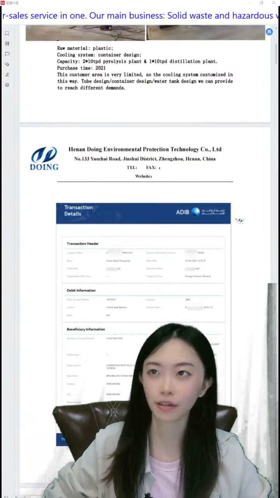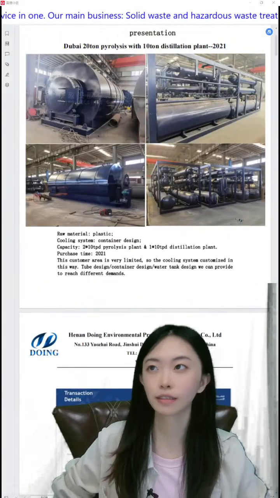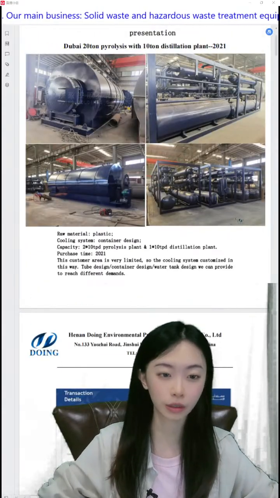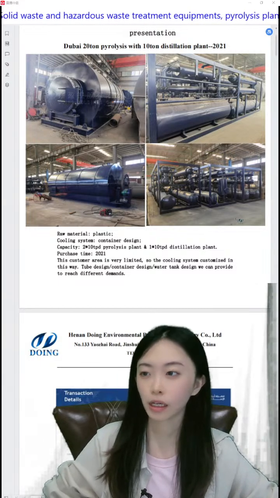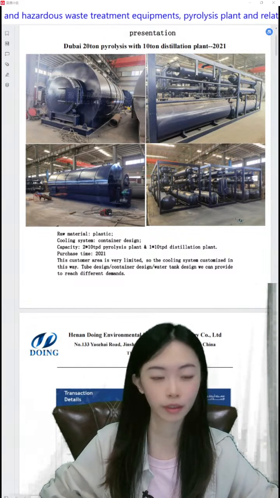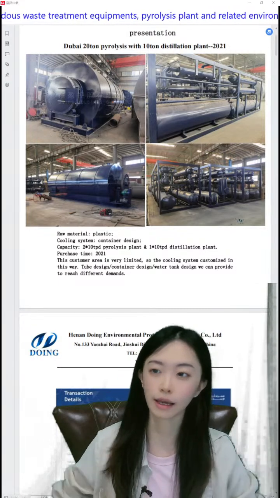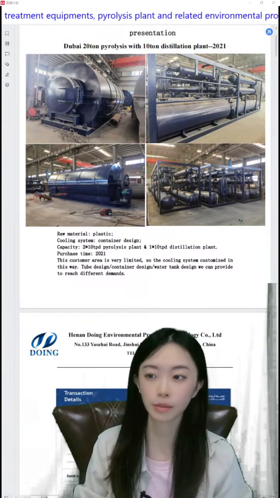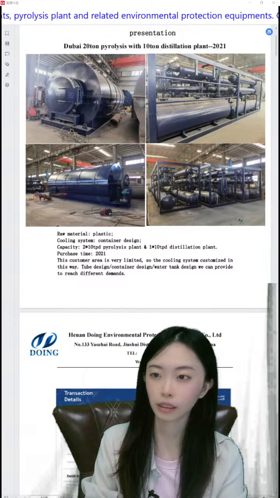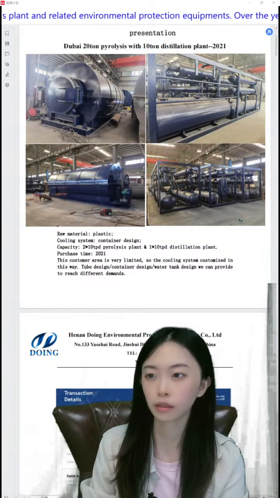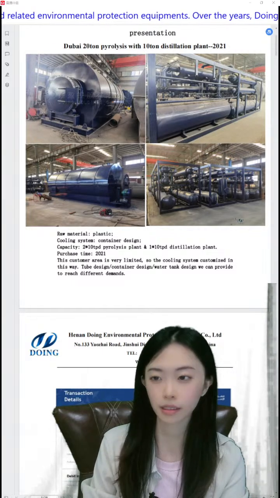So let's go on. This is one of the clients of our factory, and this is from Dubai, and he chose 20 tons of the pyrolysis plant and 10 tons of the distillation plant. And there's a different design of the condensing system.